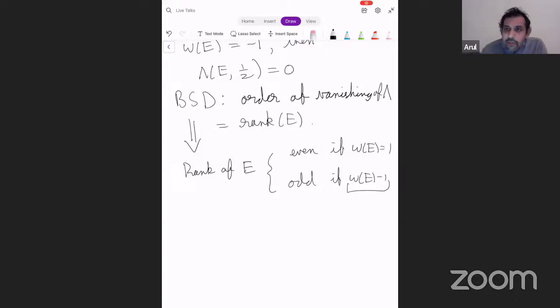So now if you assume that elliptic curves have as few points as possible, so if you're a minimalist, then you will believe that when omega of E is 1, most often your rank is 0. And when omega of E is minus 1, most often the rank is 1.